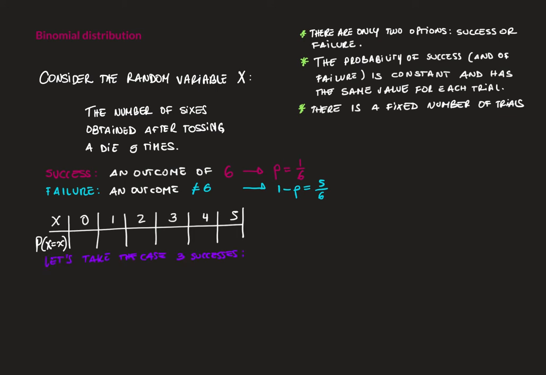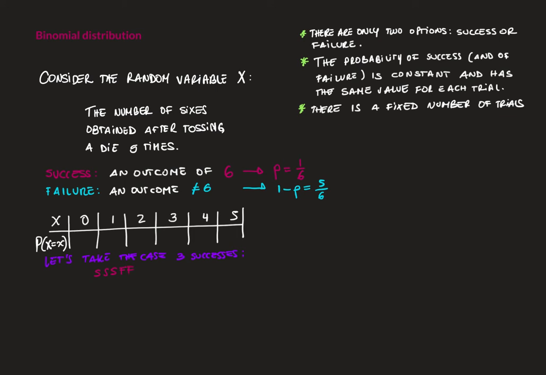We want 3 successes. If we want to find the probability for 3 successes out of the 5 attempts of the experiment, then we need to consider, for example, the scenario when we get success, success, success, and then 2 failures.